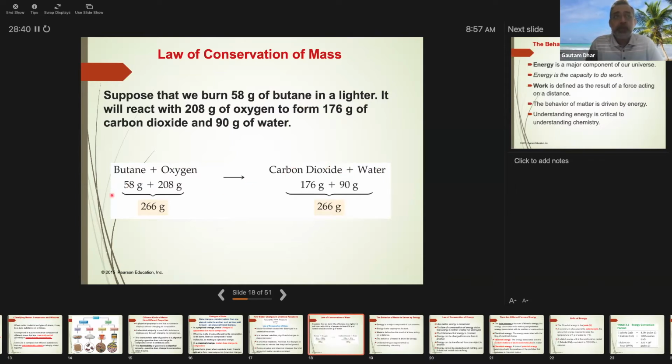So you have 58 grams of butane, 208 grams of oxygen, 176 grams of carbon dioxide, and 90 grams of water. If you add up all the reactants, you get 266 grams. If you add up all the products, you get 266 grams. So nothing is destroyed or created during a chemical reaction, and that will be the basis for writing chemical reactions and balancing them, which we'll do in later chapters.